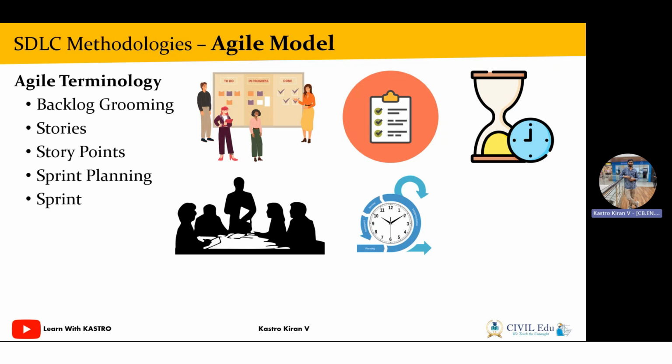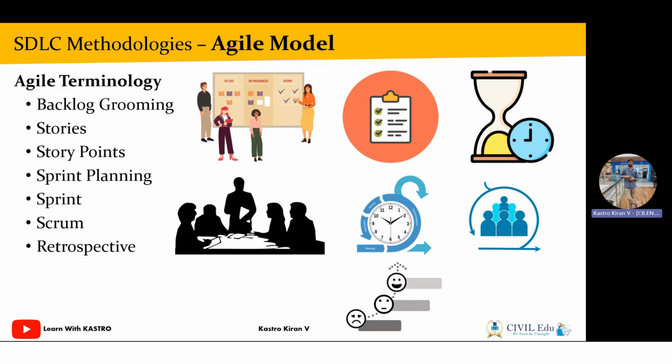That's called a sprint. And the next one is called Scrum. Remember, Scrum is not an SDLC methodology. It is a framework that is used in the Agile model. So what is meant by Scrum? Scrum is again a process of daily team meeting to discuss the status of the work. That's called Scrum. And the last one is called retrospective.